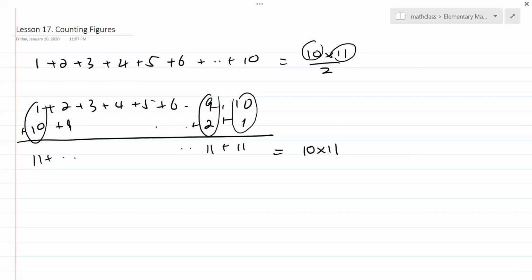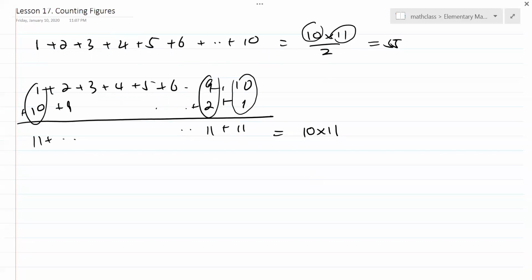We double the sum, reverse the order of those numbers, and add the two numbers on each vertical line, and that sum is the first term plus the last term. There are 10 terms in this case, and you multiply them out. So it's going to be 55. As long as you know how to do it, you get an answer quickly.